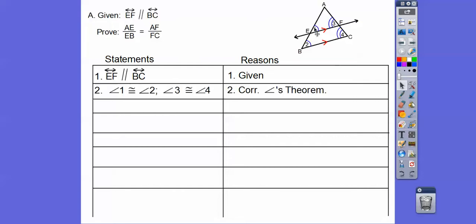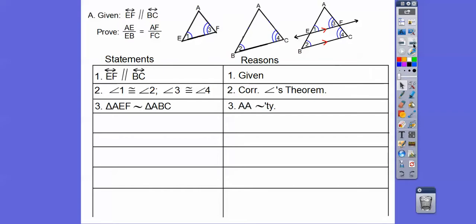We know that angles 1 and 2 are congruent and 3 and 4 are congruent because they're called corresponding angles. That gives us these two triangles right here. So I can say that this triangle is similar to that triangle by angle-angle similarity. Because they're similar, the corresponding sides are proportional.